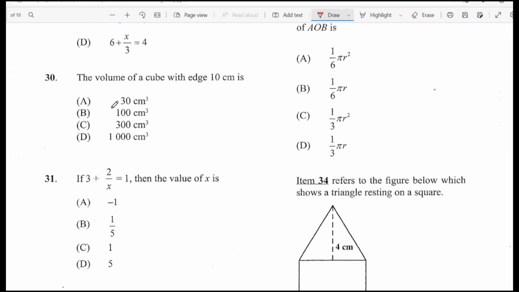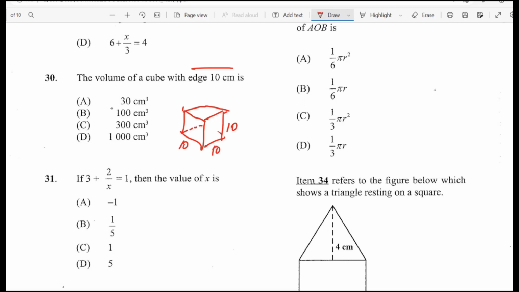The volume of a cube with edge 10 cm is... A cube is a simple box-looking thing with all the sides being the same length, where this is 10, this is 10, this is 10.